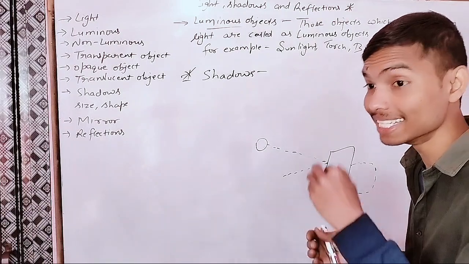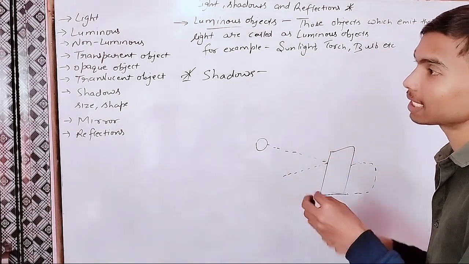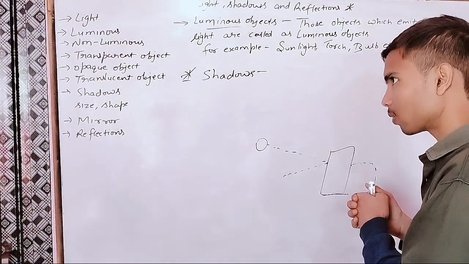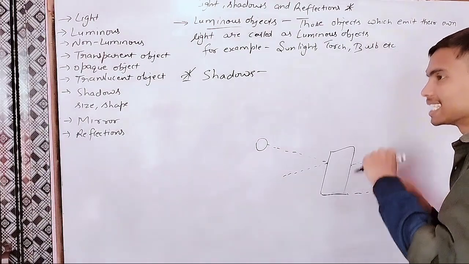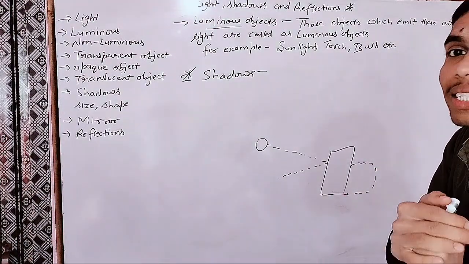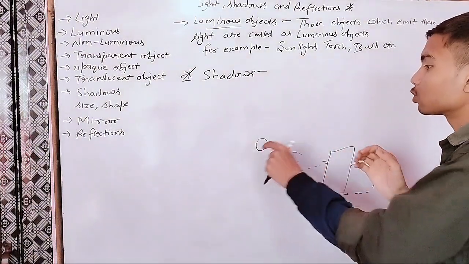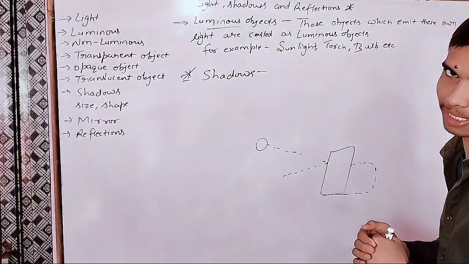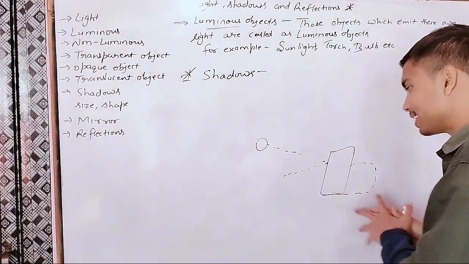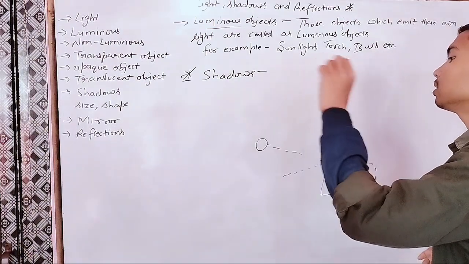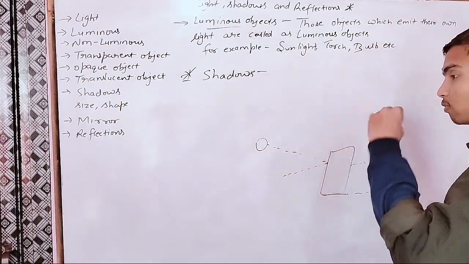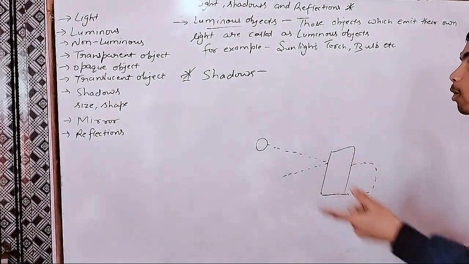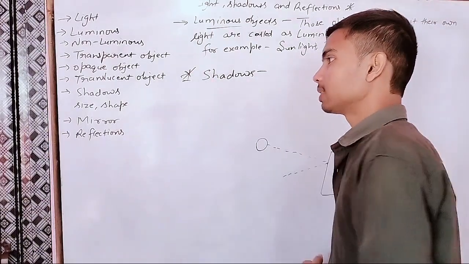If the source light is near in front of the opaque object, then the size of the shadow is large. Whereas if the source light is put far away in front of the opaque object, then we will see the size of the shadow would be smaller.